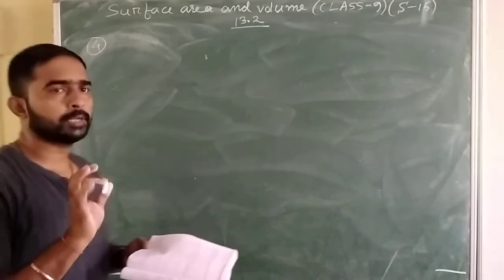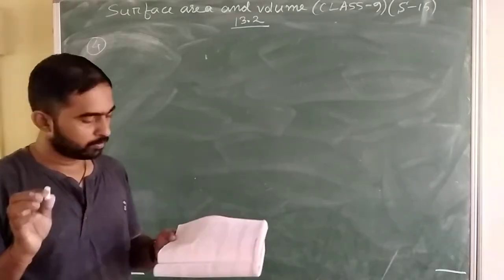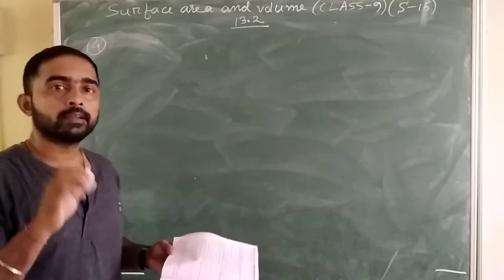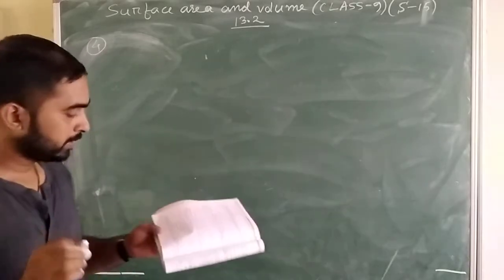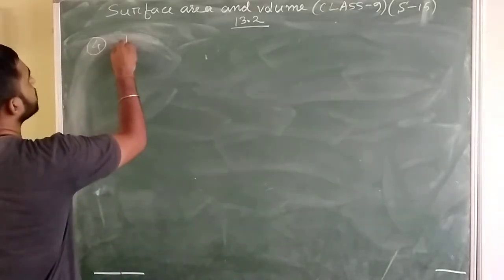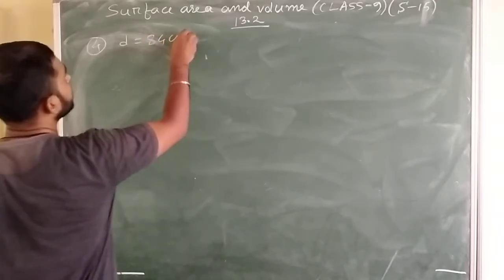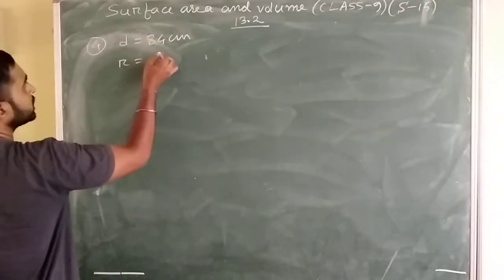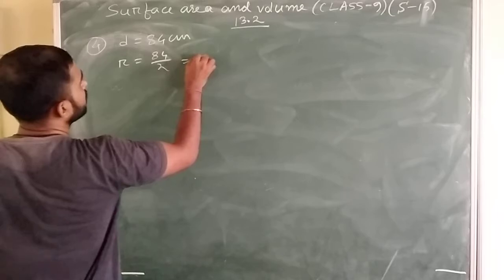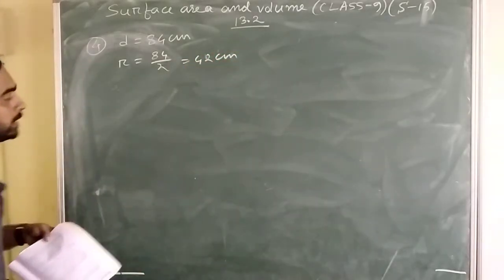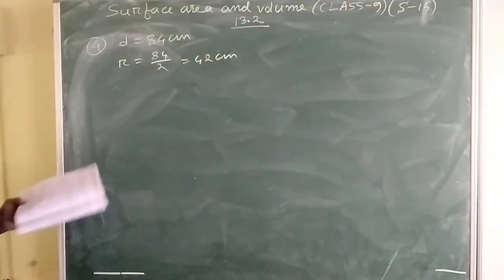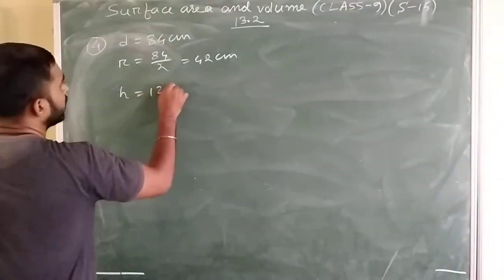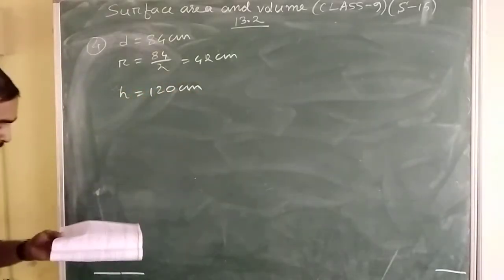Now roller, what is the shape of a roller? We already seen the roller. Roller is in the shape of a cylinder. So diameter given 84 centimeter. If D equal to 84, the radius equal to half of 84, equal 42 centimeter. Length equal to 120. Length is height. Height equal to 120 centimeter.